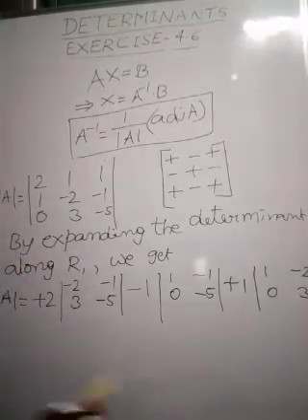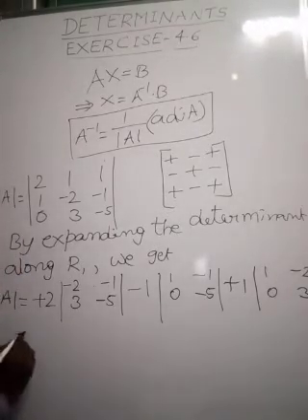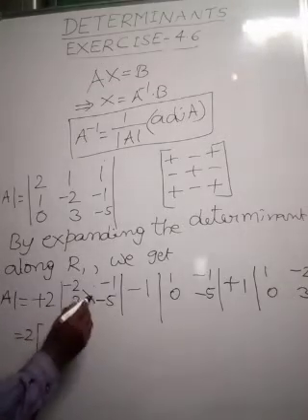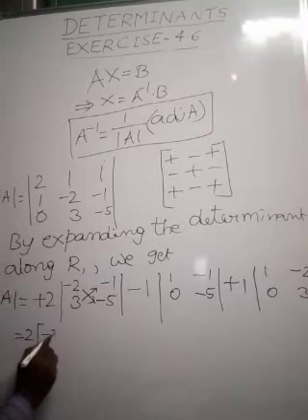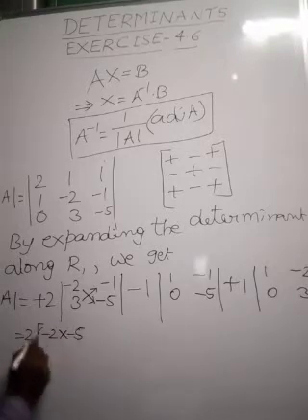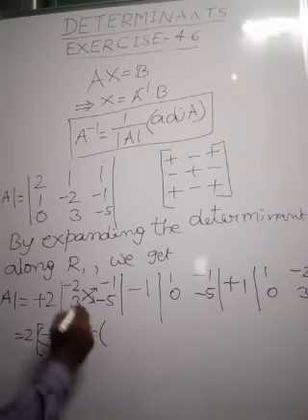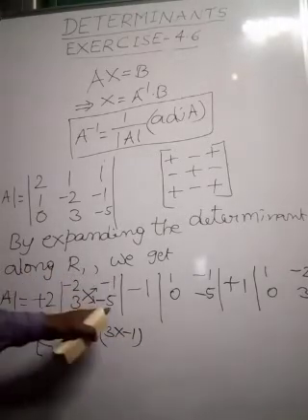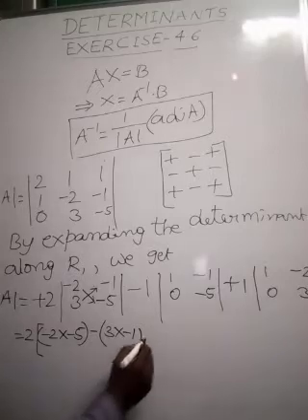Now we find 2 into, cross multiplication, minus 2 into minus 5 minus 3 into minus 1. These elements minus these elements.